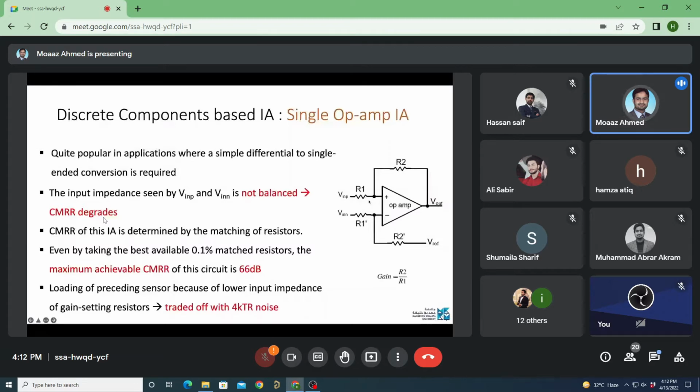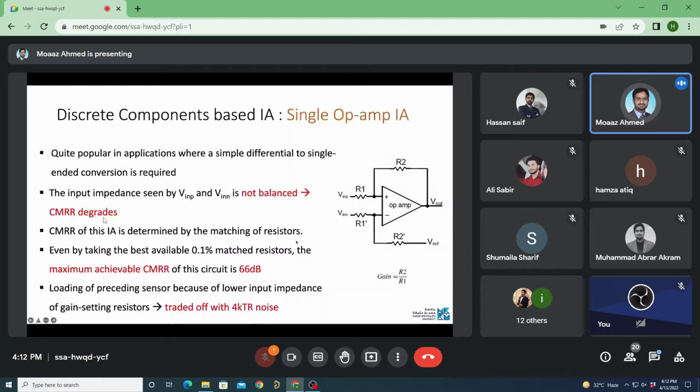So there will always be a gain error. Also, the maximum achievable common mode rejection ratio of this circuit could be 66 dB. This comes from the resistor matching limitation.